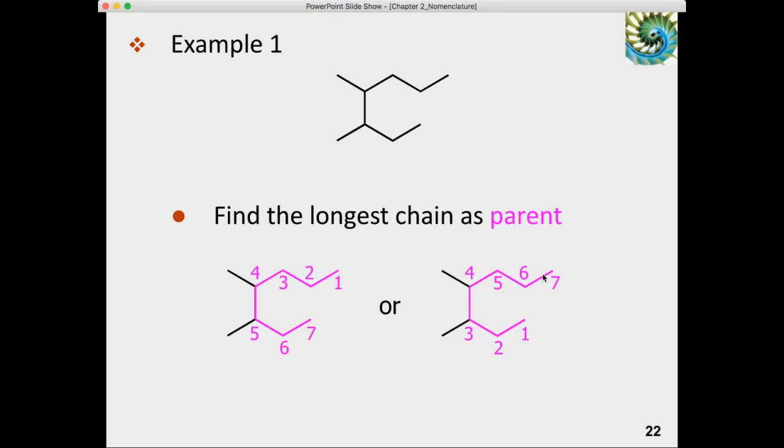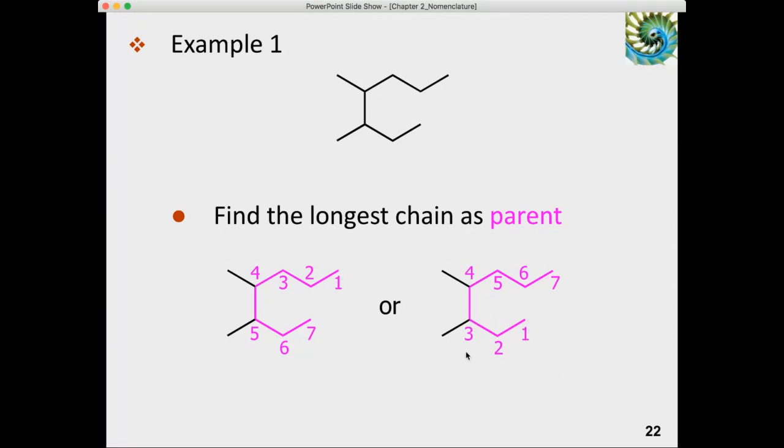Secondly, we have to assign the numbers. Number 1 goes on either the top or the bottom end carbon. Because we want the lowest possible number, we will assign number 1 to the carbon that is closest to the substituent. If we place number 1 here, we have a substituent at carbon 3. If we place it over here, it's at carbon 4.